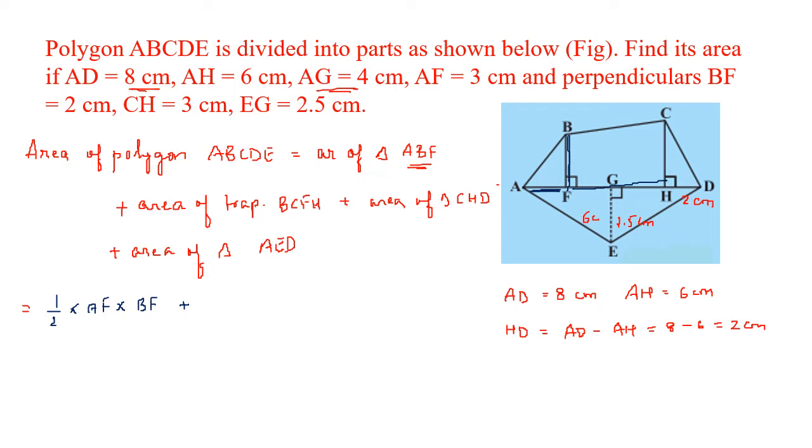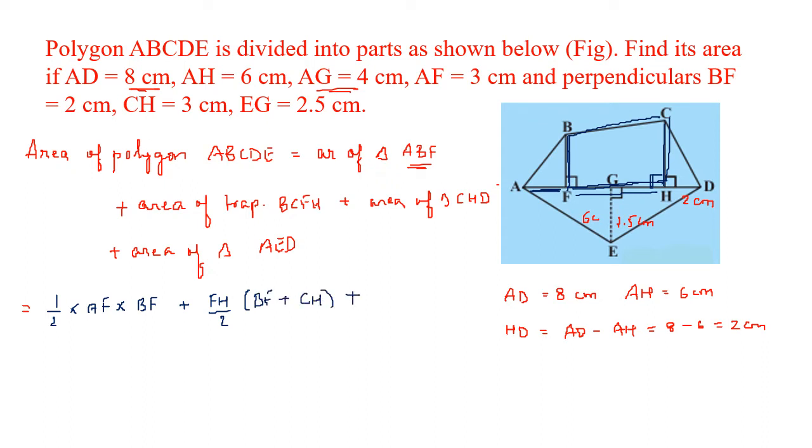Now these two are the parallel sides. And these two are the non-parallel sides. Since this is 90 degree, FH is the height. So it is FH upon 2, the height upon 2 into L1 plus L2, that is BF plus CH.